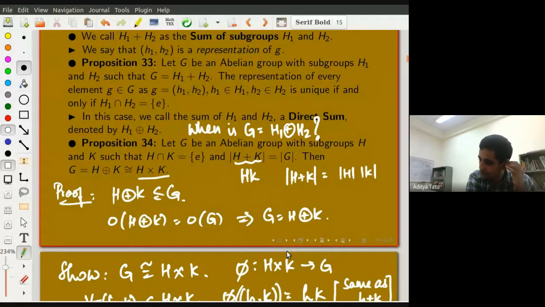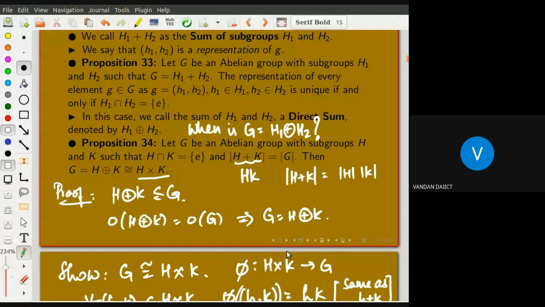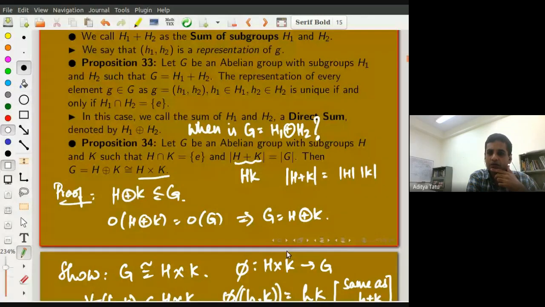So mod H plus mod K minus... Why would it be mod H plus mod K, the number of elements in H plus the number of elements in K? Is that right? No, that's not right.